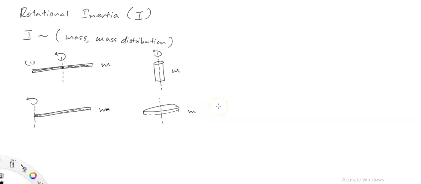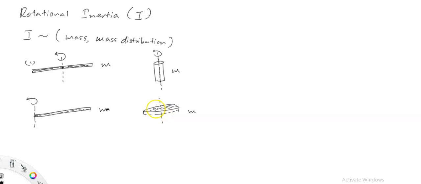If we compare the rotational inertias between these two objects, they both have the same mass, same number of kilograms. But if you think about the distribution, this is a tighter distribution, right? All the mass is closer to the rotating axis. Over here, it's a larger distribution. The spread is bigger.